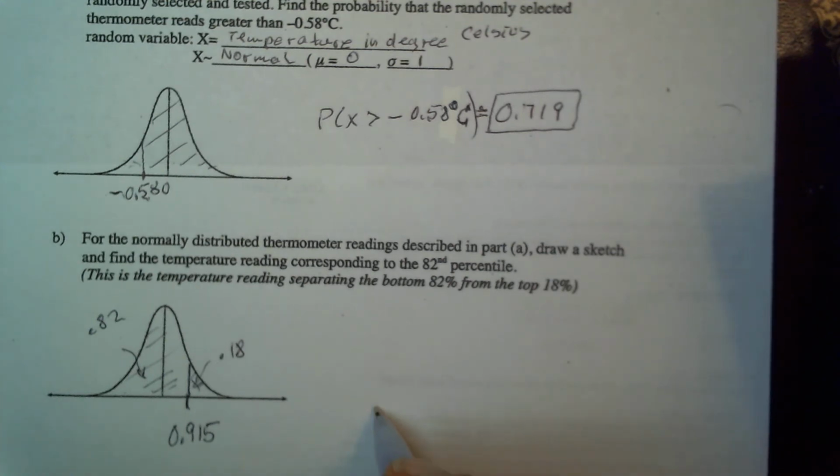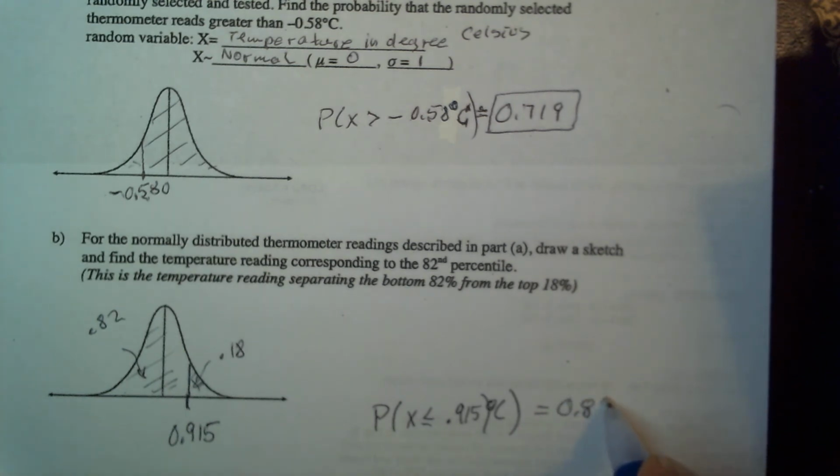In other words, the probability of x being less than or equal to 0.915 degrees Celsius is equal to 0.82. And remember, this is a probability.